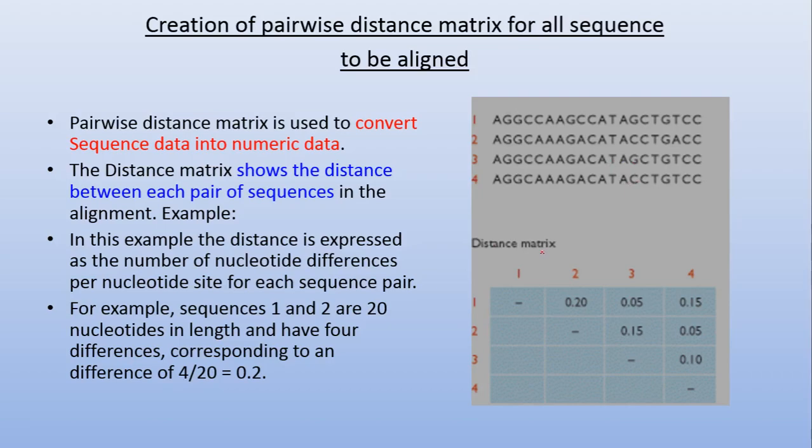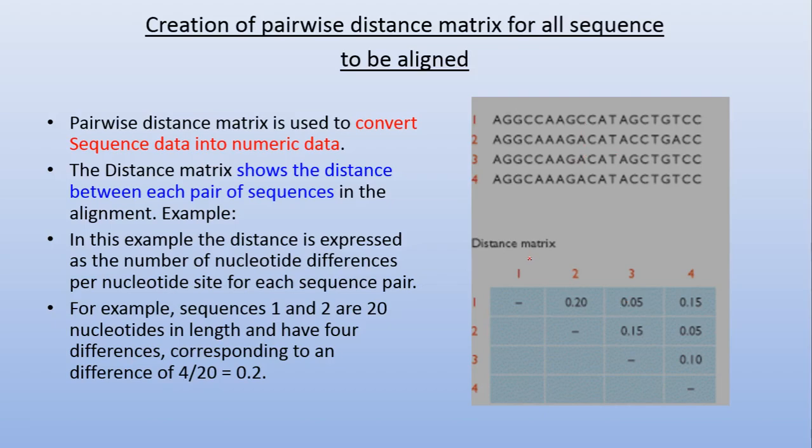So why do we generate this pairwise distance matrix? Because we need to convert the sequence information into numerical information so that we can compare these sequences. In order to align the sequences, first we need to convert the sequence data into numerical data, and exactly that is done by creating such a distance matrix.